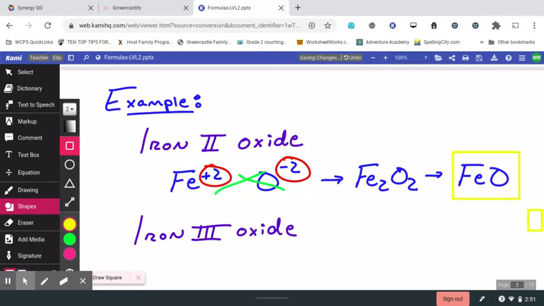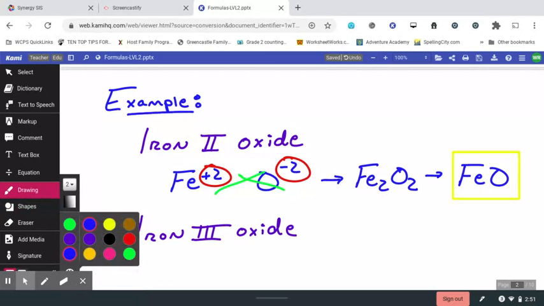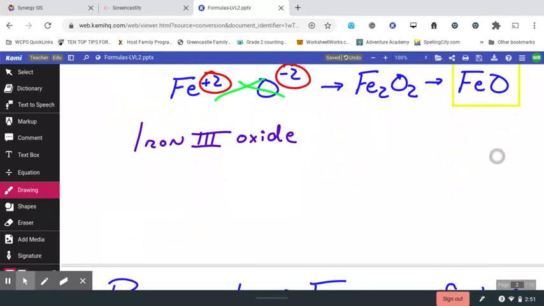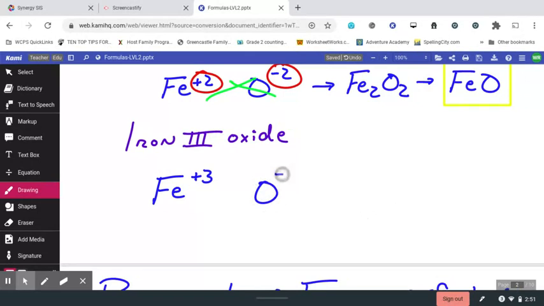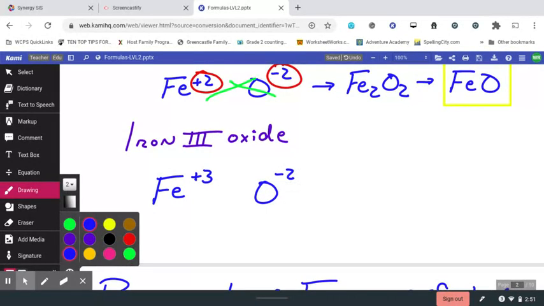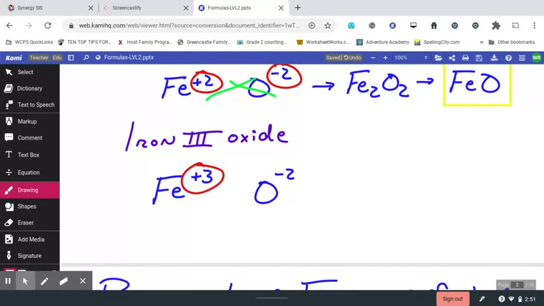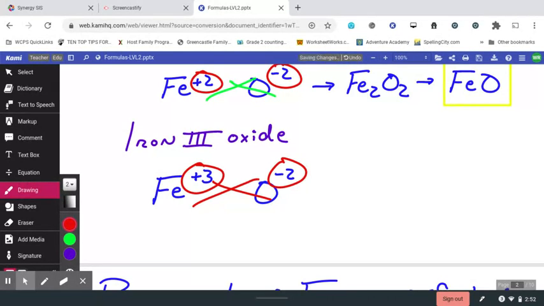Now, if I look at iron 3 oxide, to set that up, instead of using Fe+2, it's Fe+3. Oxide is still oxygen with a -2. Now we're doing the crossover method to formula writing, so you're going to use this 3 and this 2, which gives the other one.